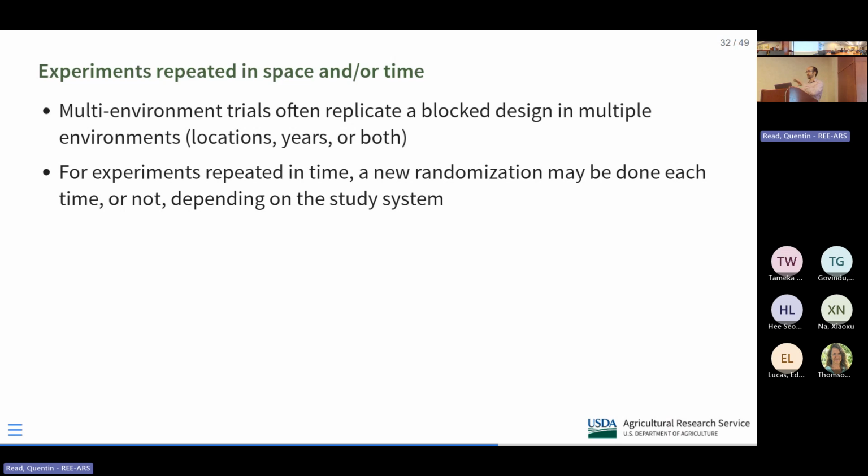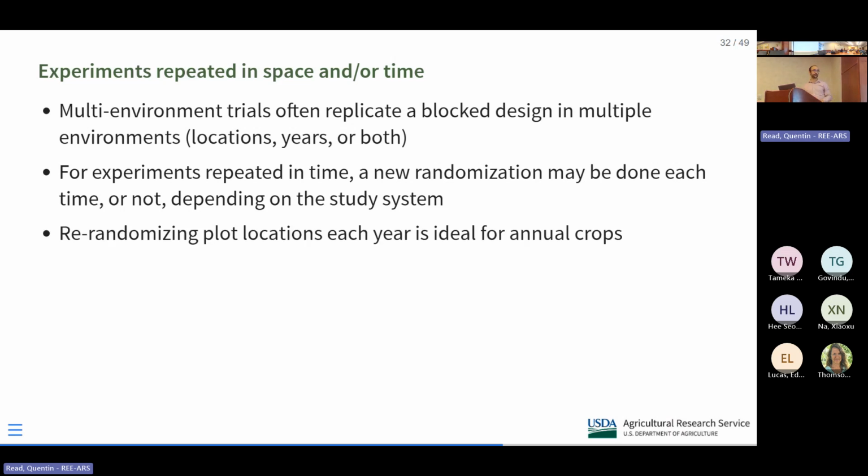Like if you have mouse cages, every time you repeat the experiment, you want to re-randomize which cage gets which treatment, because that ensures that within each trial, every experimental unit has an equal chance of being assigned to each treatment.